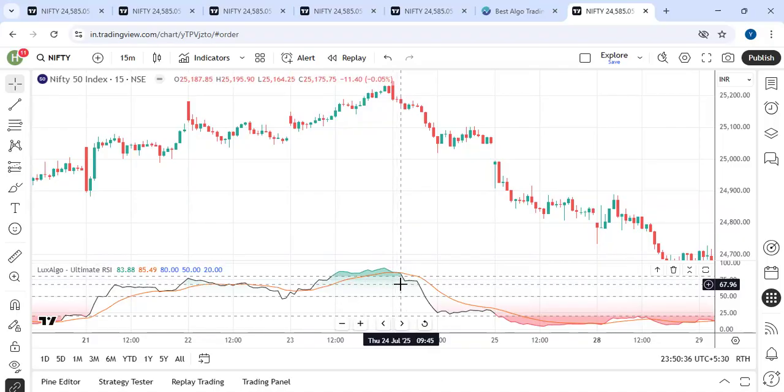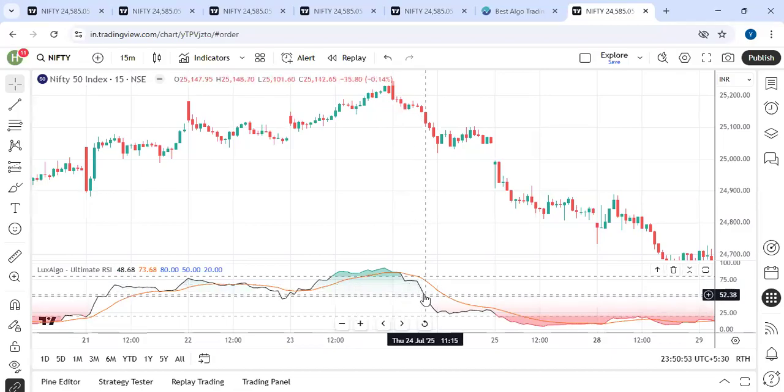A lot of people enter when the crossover happens, but I still prefer to enter when it turns black again. From blue in the overbought region, it converts into black, and then you enter, and again get out when it touches 50 or goes below 50.